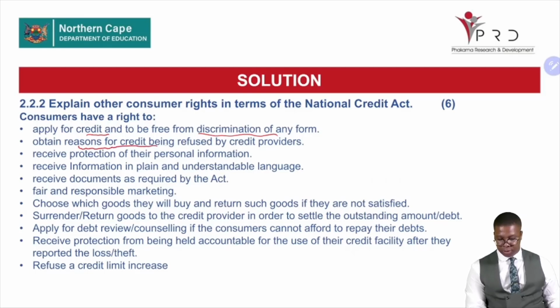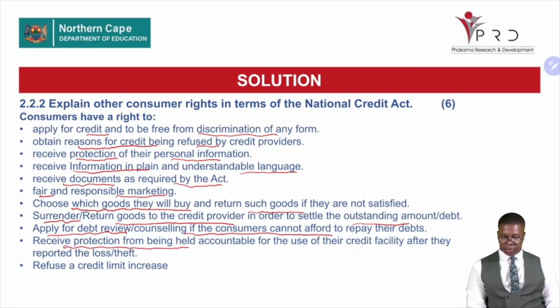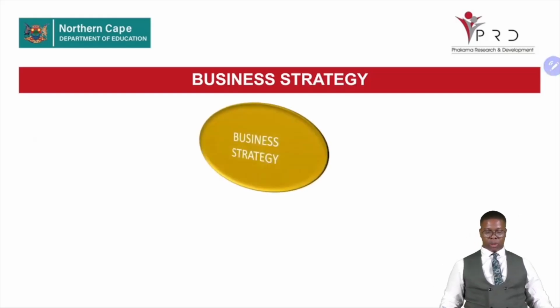Consumers have a right to receive reasons for their credit being refused, and a right to receive protection of their personal information, and a right to receive information in plain and understandable language, and consumers under the National Credit Act have a right to receive documents as required by the Act, and a right to fair and responsible marketing, and consumers will also have a right to choose which goods they will buy and return such goods if they are not satisfied, and a right to surrender or return goods to credit providers in order to settle the outstanding amount, and a right to apply for debt review or cancelling if consumers cannot afford to repay the debts, and a right to receive protection from being held accountable for the use of the credit facility after they reported the loss or theft, and a right to refuse a credit limit increase. So that is the content you'd have to quote.